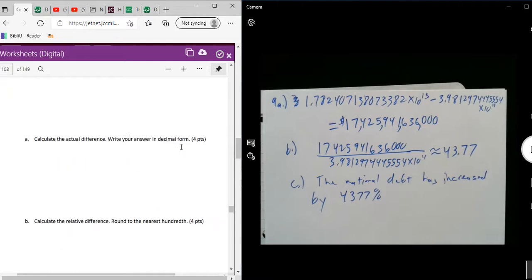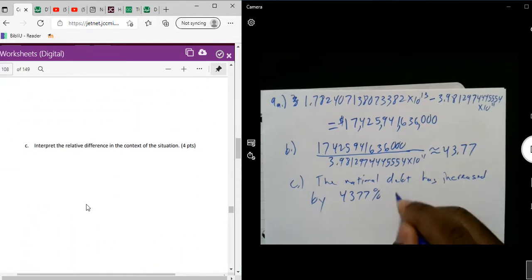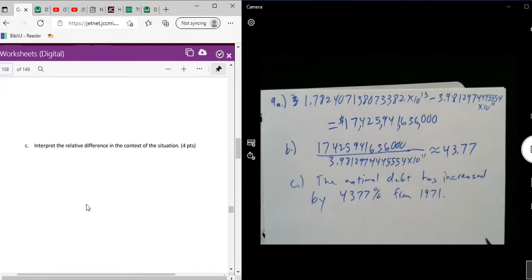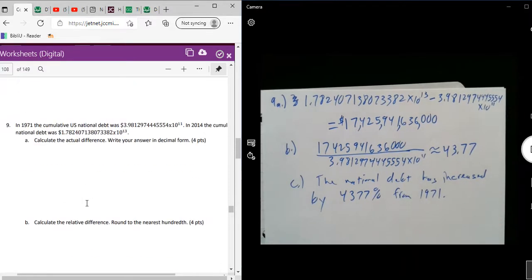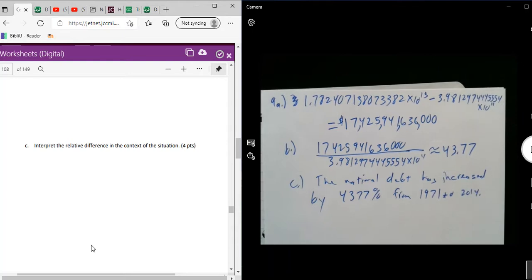And how many years was this? This was from 1971. Well, wait a minute, what was the last year? Oh, to 2014. So that was a big increase.